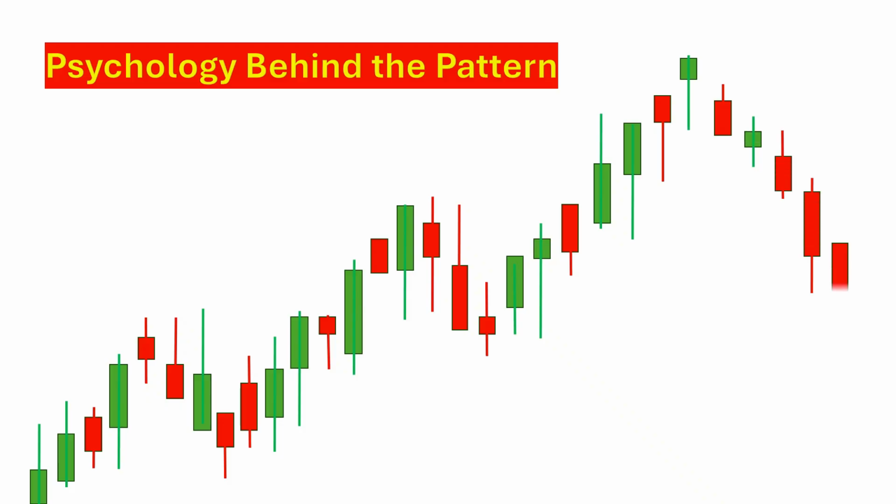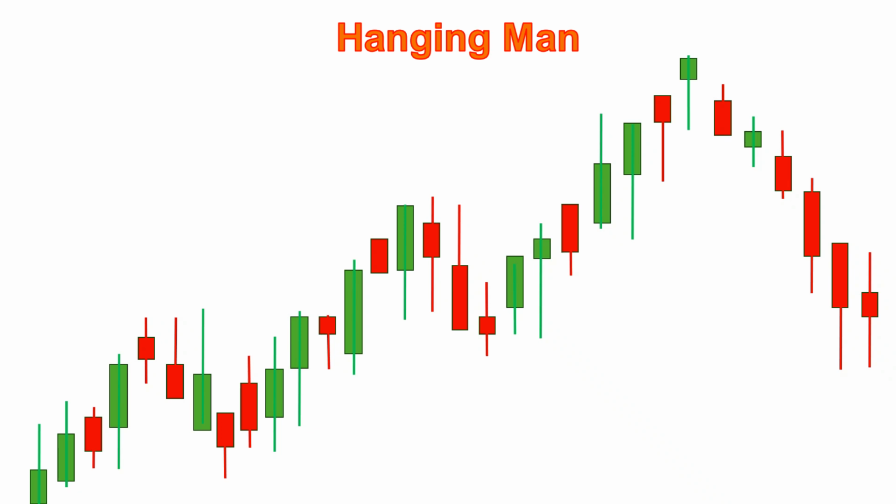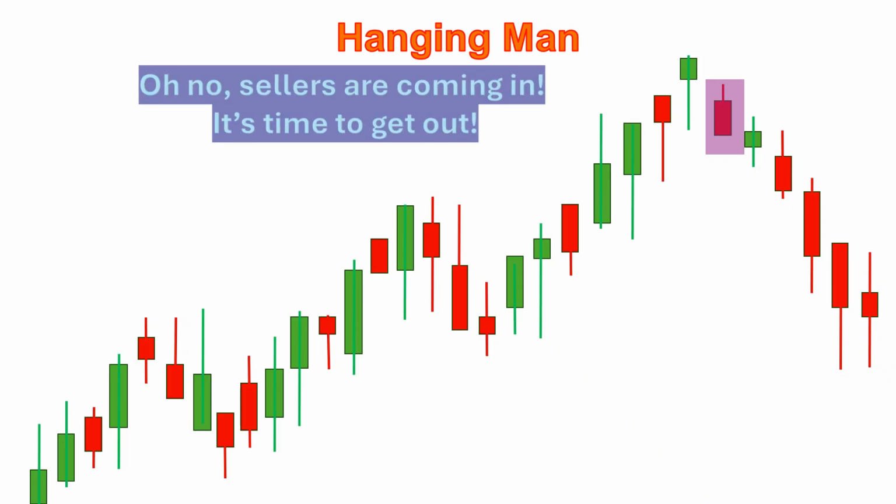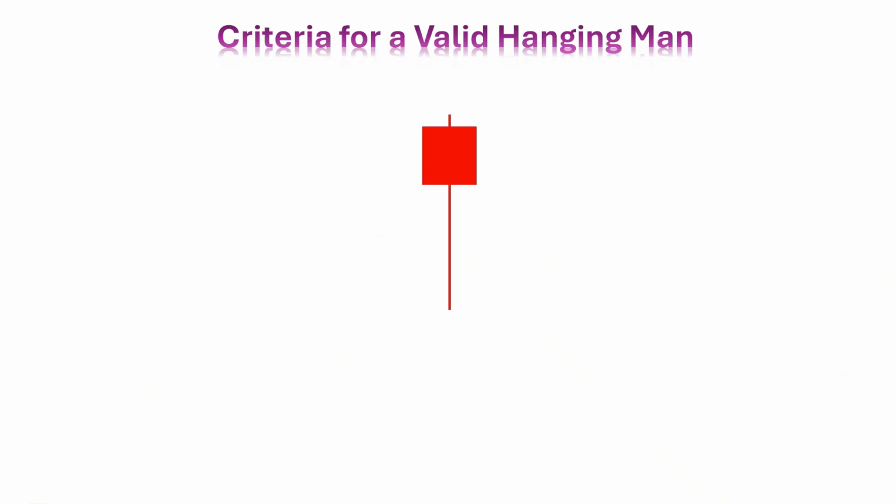Sellers already exposed weakness in the uptrend. Once traders see a lower open or a bearish candle the next day, panic kicks in. Oh no, sellers are coming in. It's time to get out. And this emotional shift turns into a reversal.